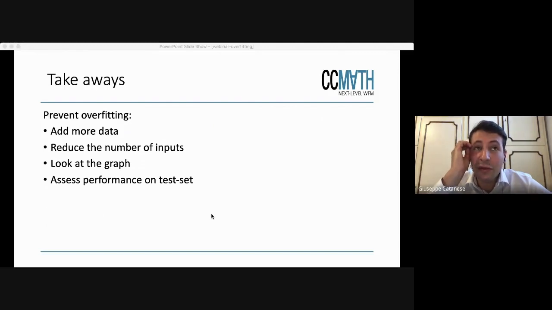One method is, for example, you have 100 data points, so you use the first 70% for training, and then the last 30% for test. In this way, you can try different combinations of your parameters and see which one performs best.